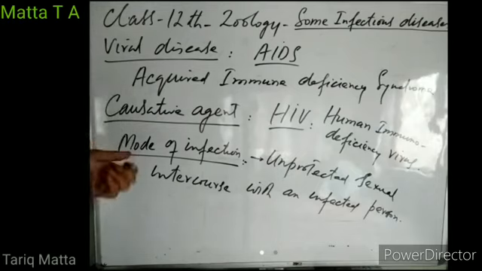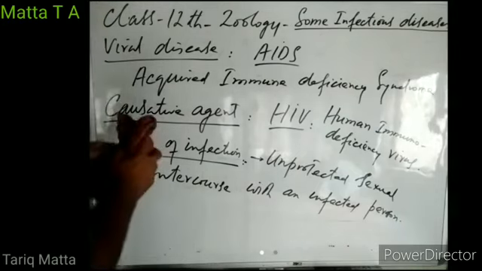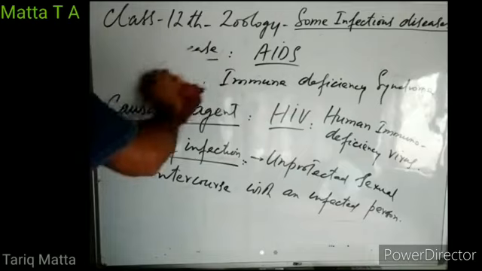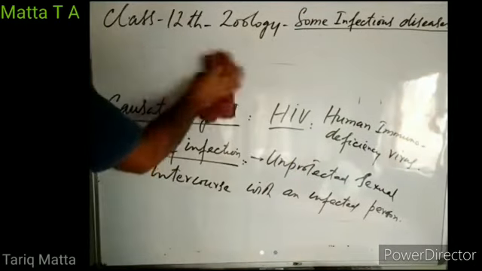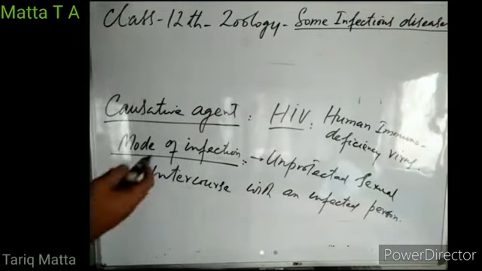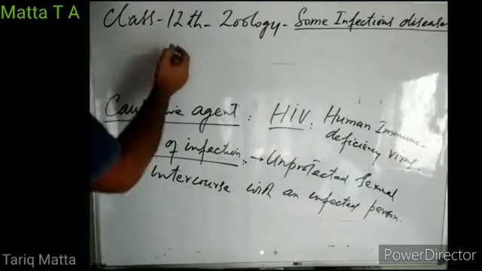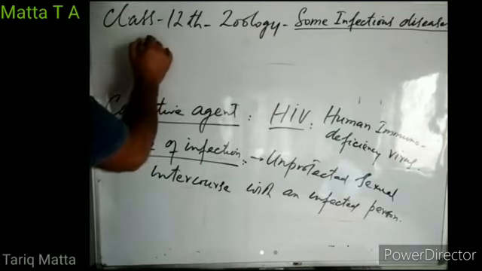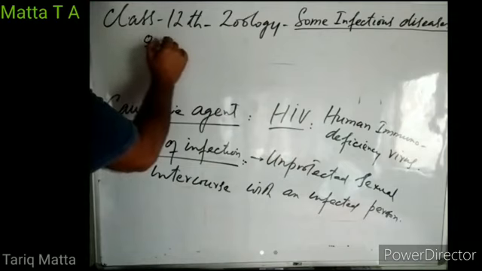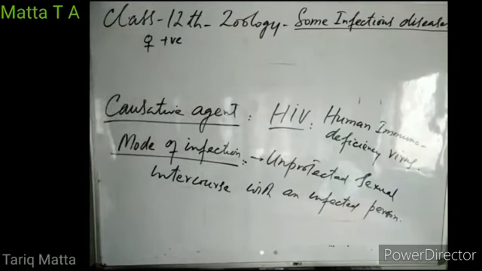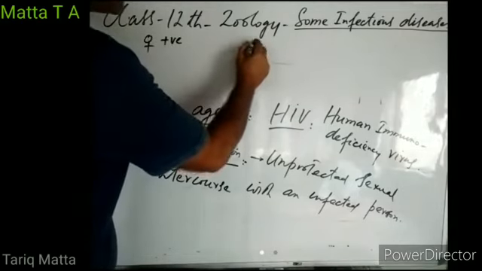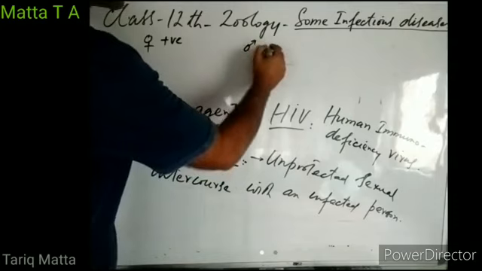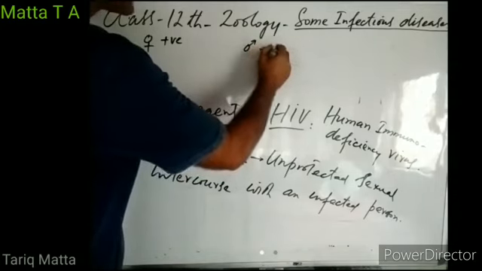Here a question arises. If a female is HIV positive and an uninfected male has sexual intercourse with her, is the male likely to get infected? So we have a case: suppose the female is HIV positive, and the male who has unprotected sexual intercourse with this female is HIV negative.